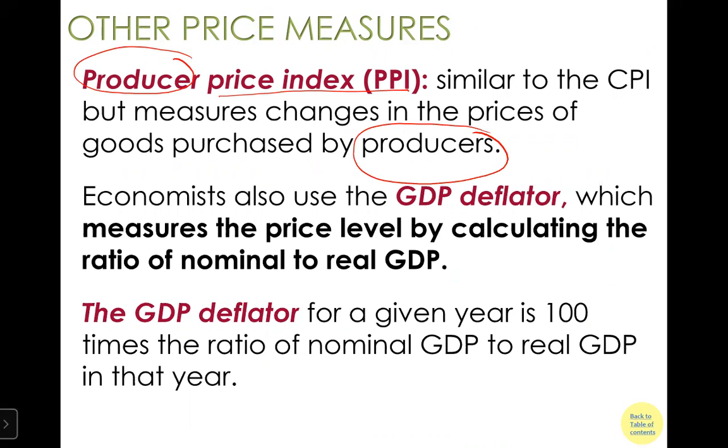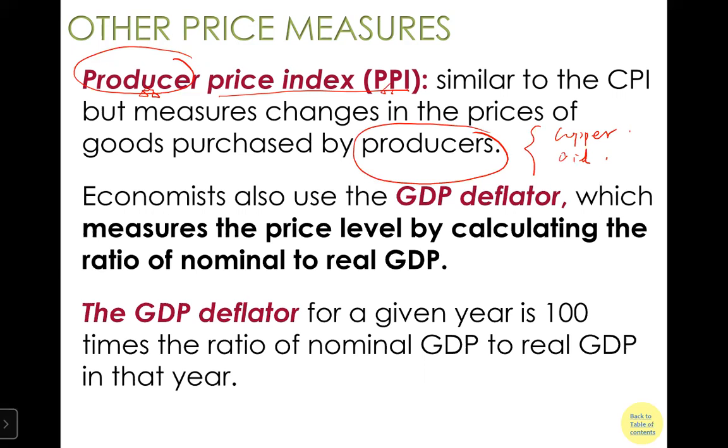For example, producers care more about raw materials, say copper, oil, right? But consumers care less about copper. So that's how the PPI and CPI are different.